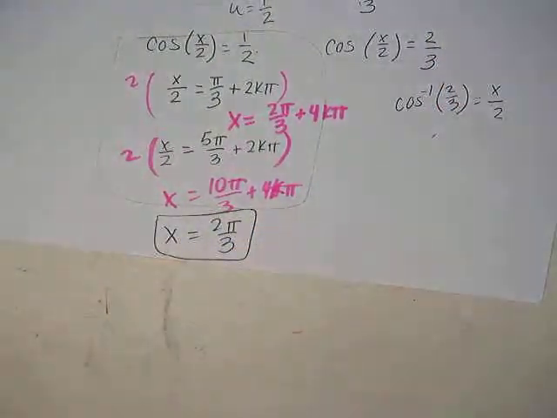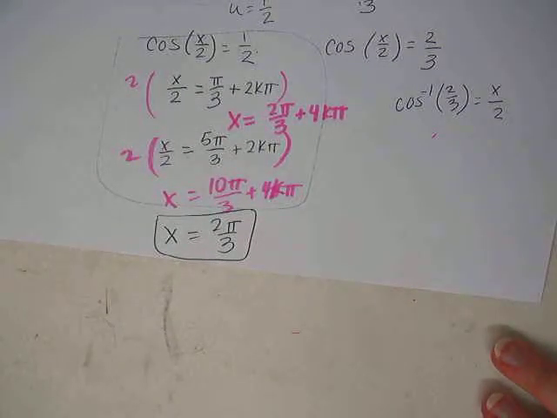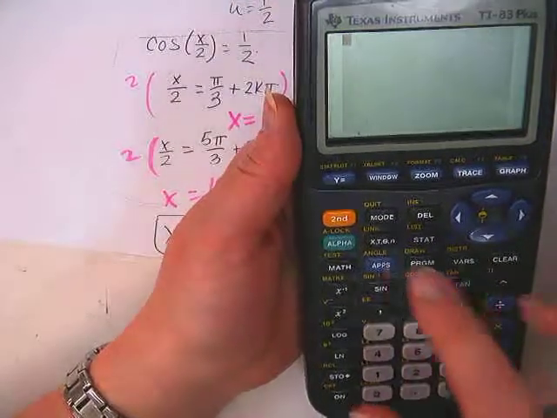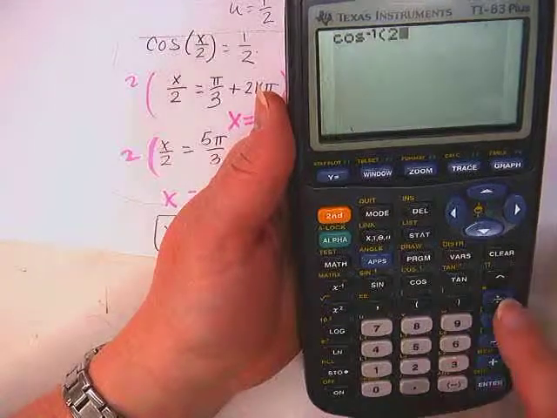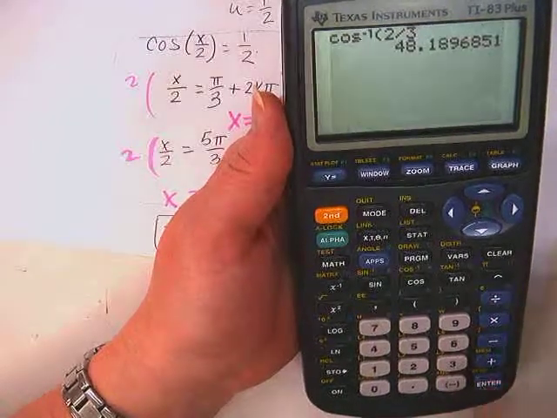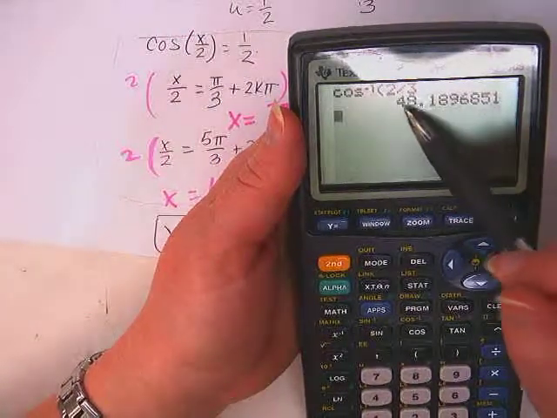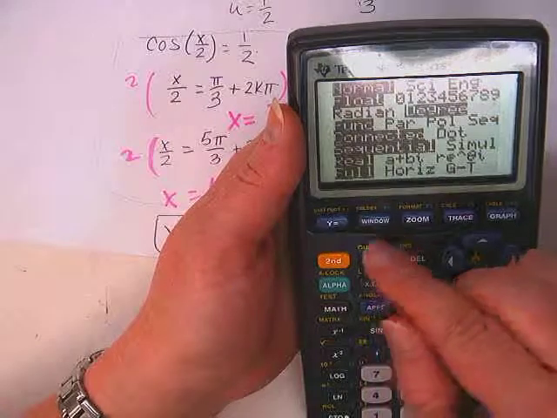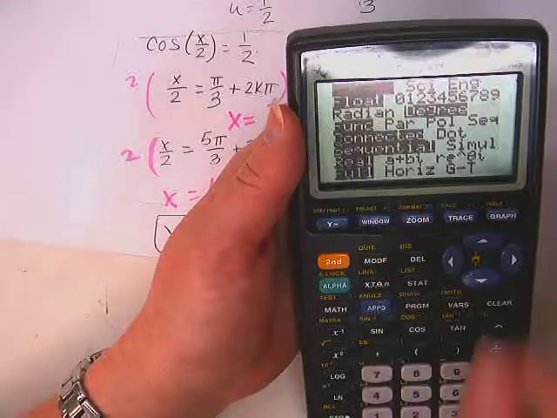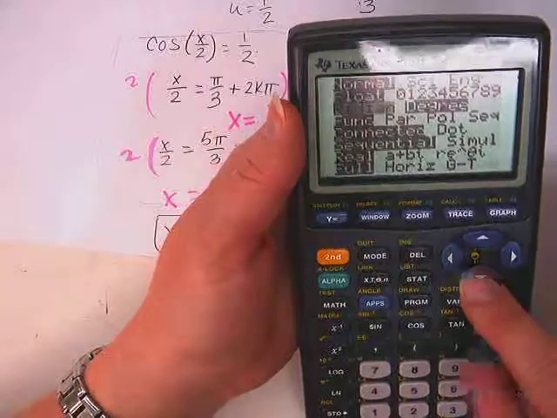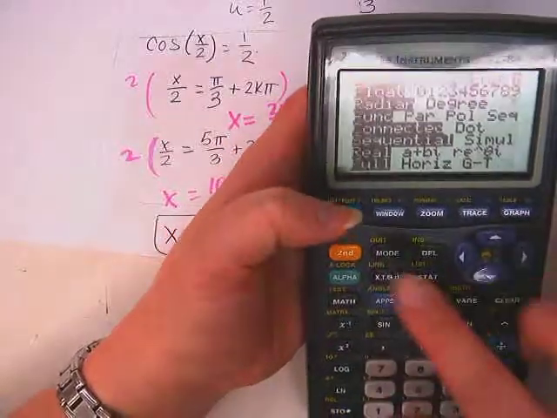Okay, so that means that the inverse cosine of 2/3 equals x over 2. So let's put that in our calculators. Inverse cosine of 2/3, what do we get? Now, remember how we're trying to answer this question from 0 to 2 pi.